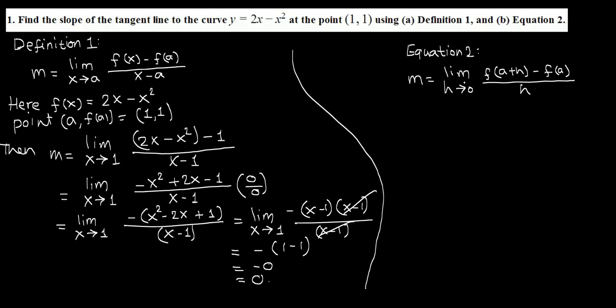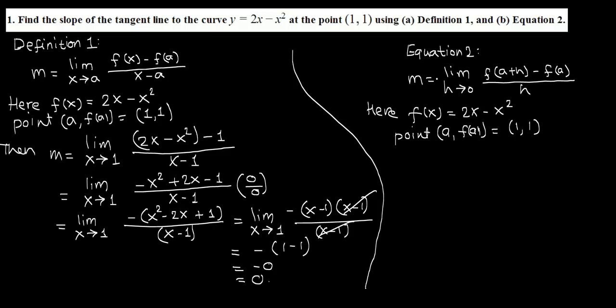Now we want to find the same thing but using a different formula, which is equivalent, equation 2. Same thing: the function is given to be 2x minus x squared, and the point (a, f(a)), with the corresponding y-coordinate, is (1, 1).